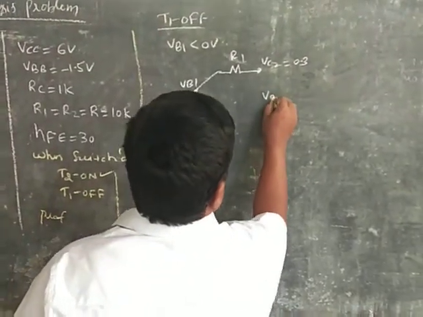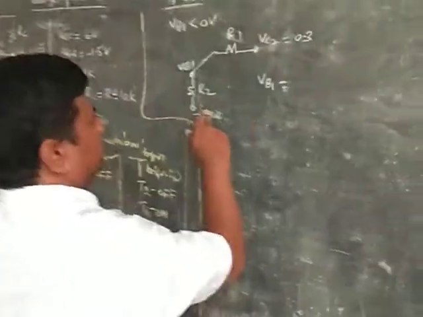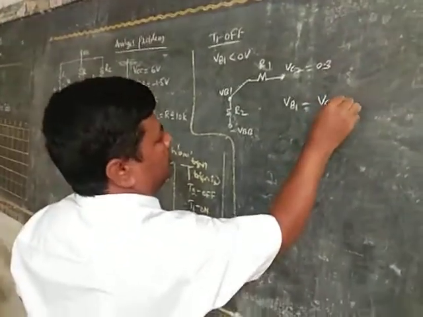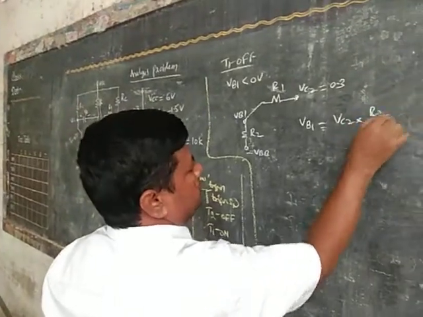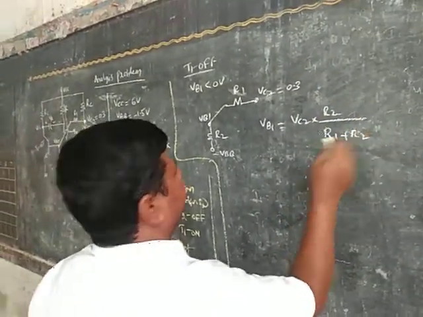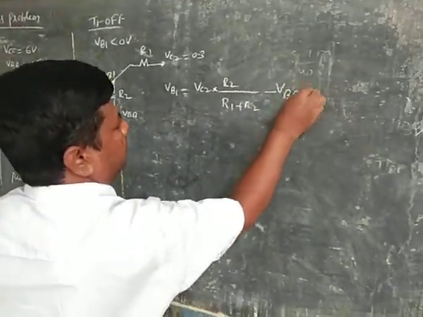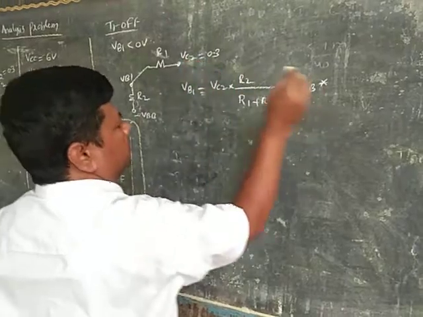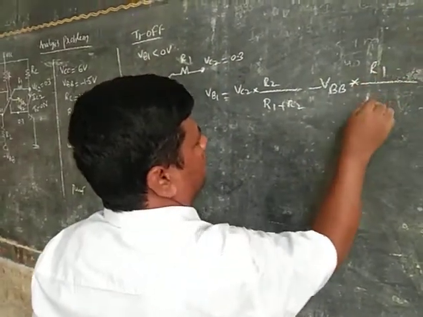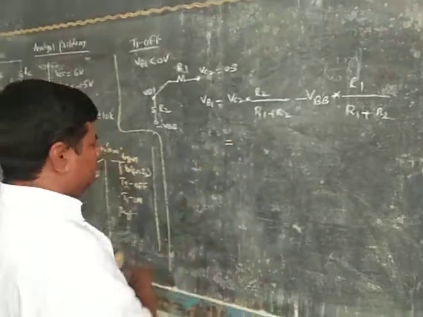Here VB1 is equal to, considering this source and short-circuiting the other, VC2 into R2 by R1 plus R2. Considering this source, minus VBB into R1 by R1 plus R2. Then substitute and you get the values.